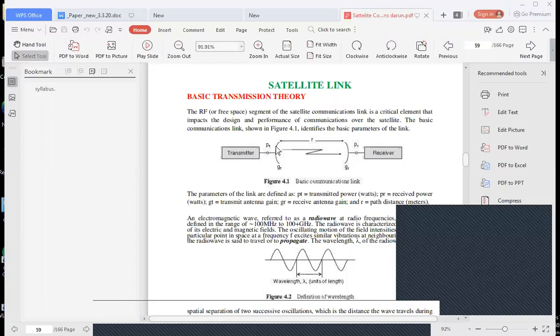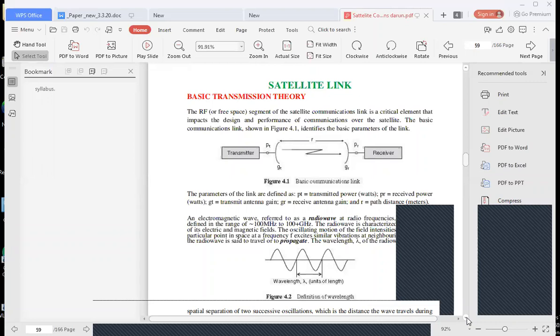Transmitter and transmitted power is PT, PR is the received power, GT is the gain of the transmitting antenna, GR is the gain of the receiving antenna, and R is the path distance between the transmitter and the receiver. These are the basic transmission model of the satellite communication.